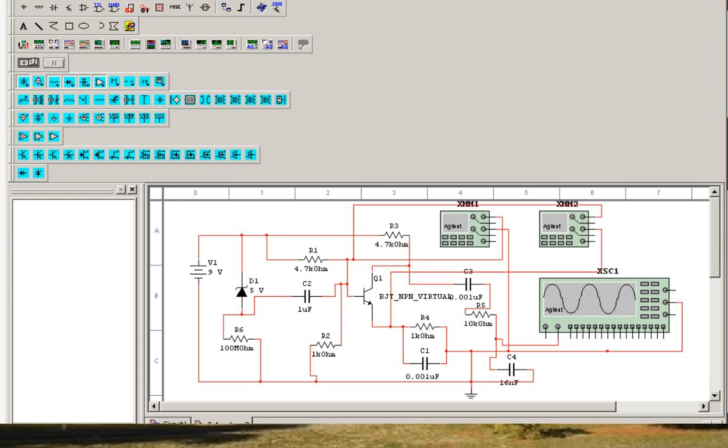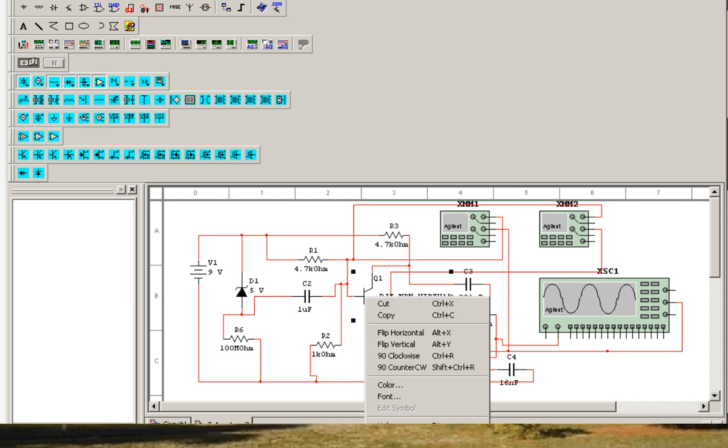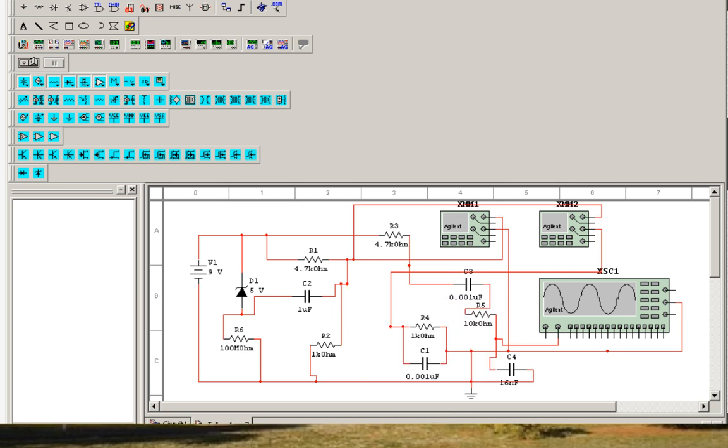What if we just throw an FET in there? That's a JFET.